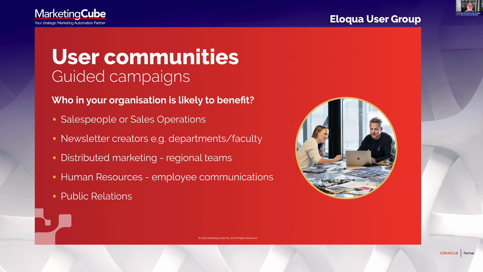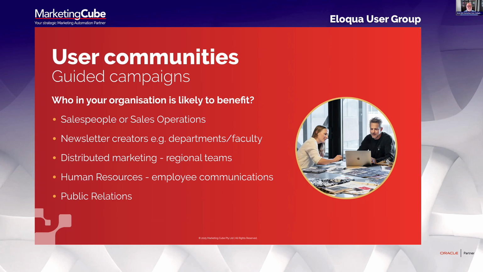We want to provide the same visual stimulation, the same elegance in the way things are presented, and calls to action and information is collected and so on. And so maybe people within human resources could use Eloqua and guided campaigns from that point of view, and even public relations.